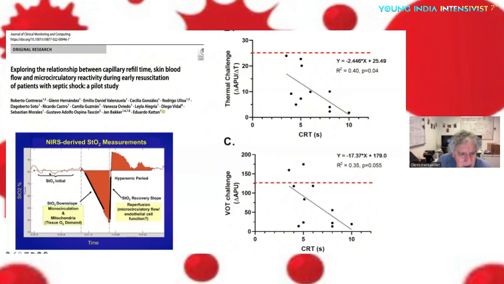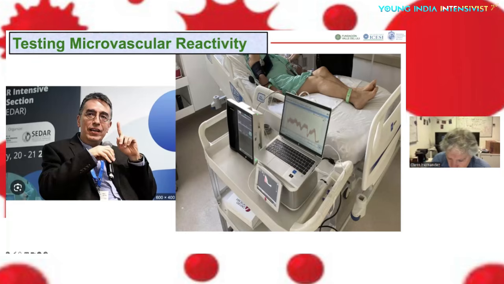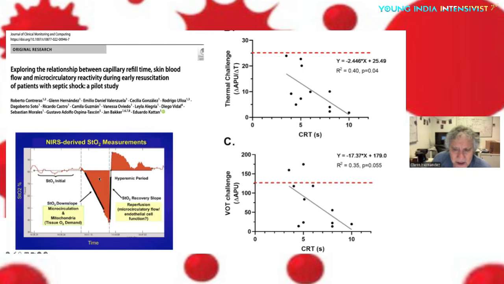This means that you put a device on the forearm, you rapidly inflate it to a pressure 50 millimeters over the baseline systolic blood pressure, and the flow of the extremity decreases to almost zero. It's an ischemic challenge for 3 minutes.